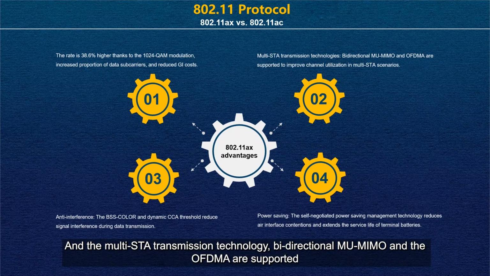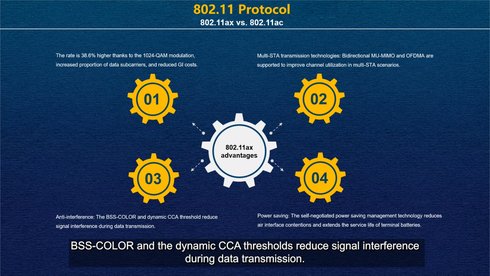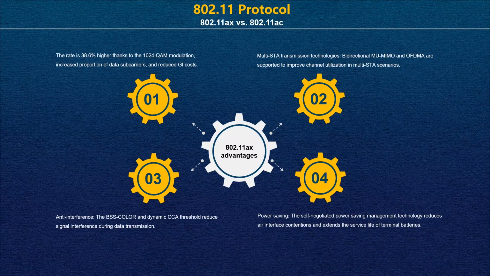And the multi-STA transmission technology, bidirectional MU-MIMO and OFDMA are supported to improve the channel utilization in multi-STA scenarios. Next is anti-interference. The BSS color and dynamic CCA thresholds reduce signal interference during data transmission.